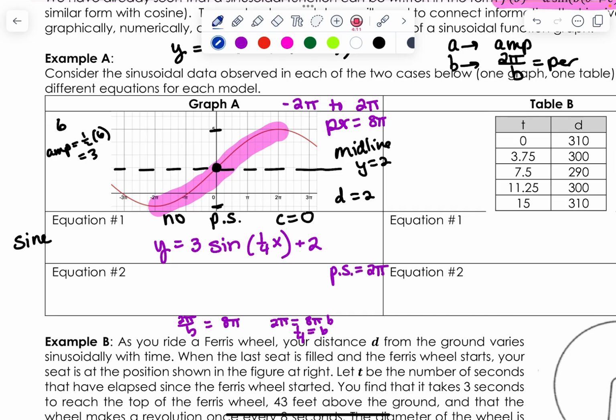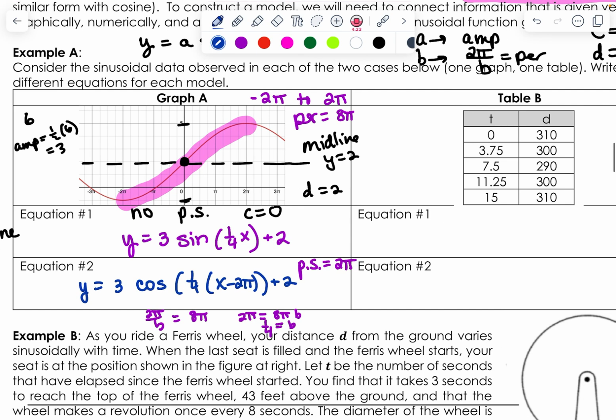So then here's this equation. Since it's at the hill, it's a positive. The b value is the same, and the vertical shift is the same. So the only thing that really changes when you go between sine and cosine is your phase shift and potentially the a value.